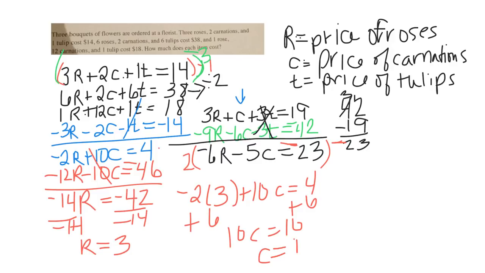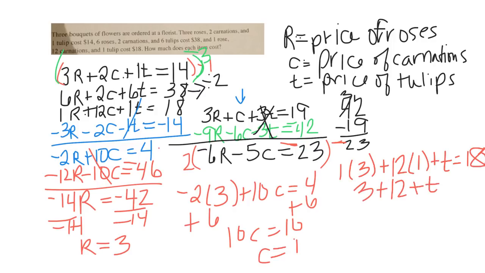And let's find out how much those tulips are. 1 rose, so 1 times 3, plus 12 carnations, 12 times 1, plus 1 tulip is 18. And so that's 3 plus 12 plus t equals 18. 15 plus t equals 18.